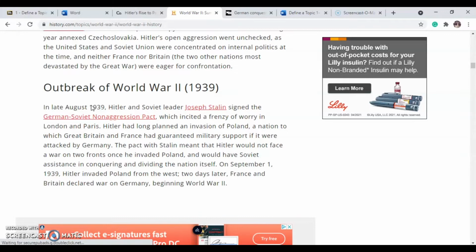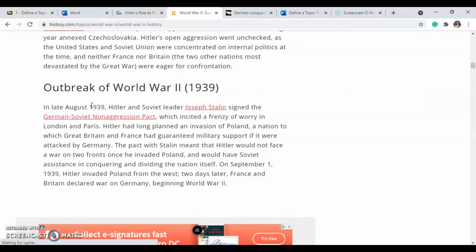And so Hitler's long evil plan was invasion, starting with Poland, a country which supported Britain and France with military support. And so, 2 days later, Hitler will soon invade Poland. And that's when Britain and France finally decided to declare war on Germany, which officially began World War II.